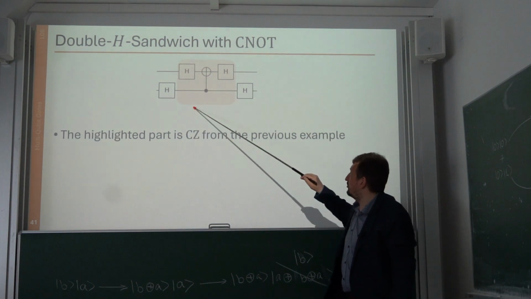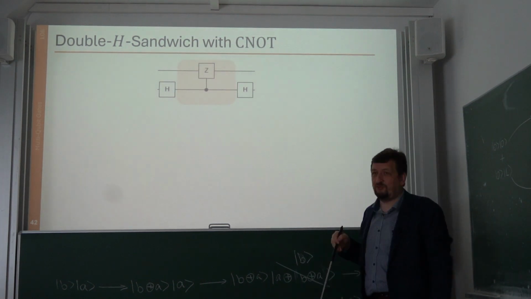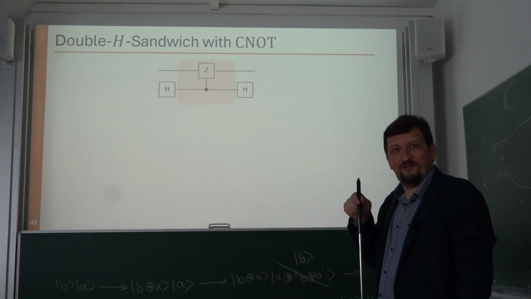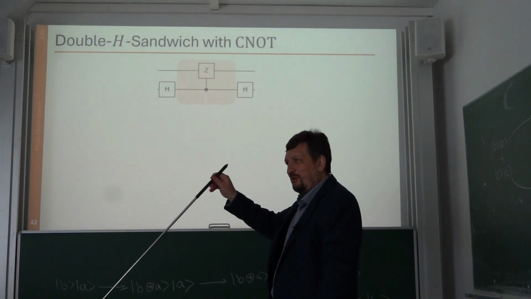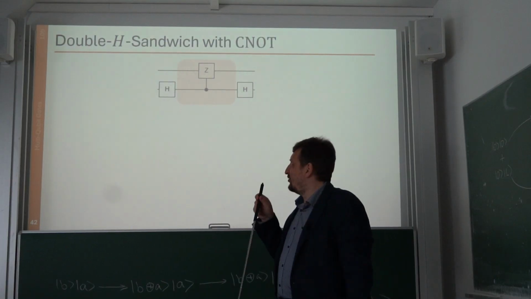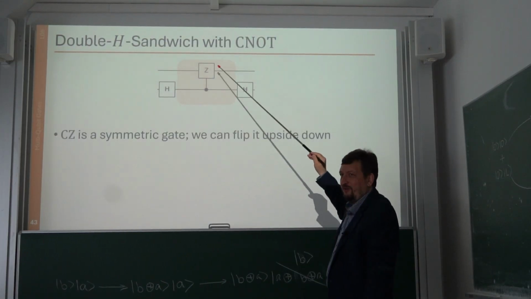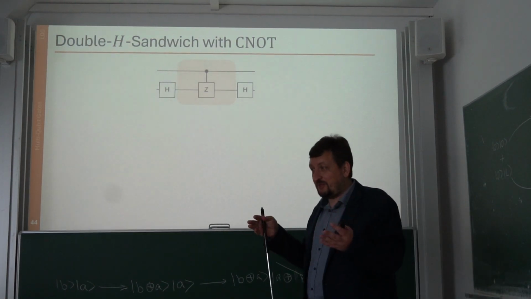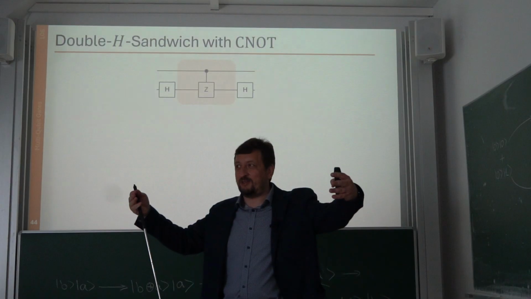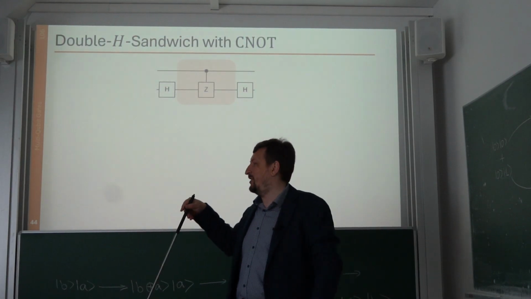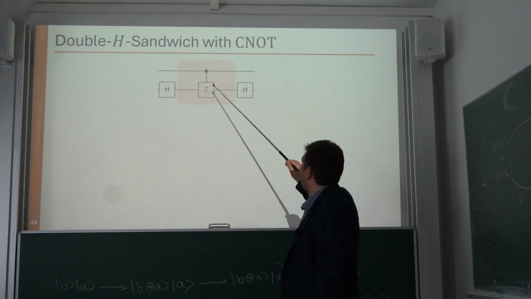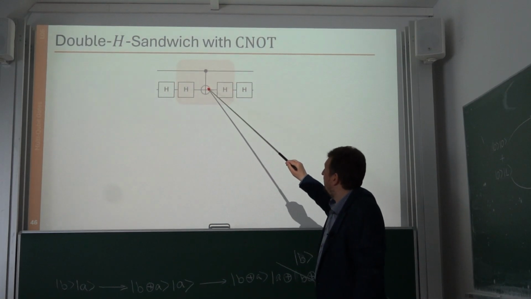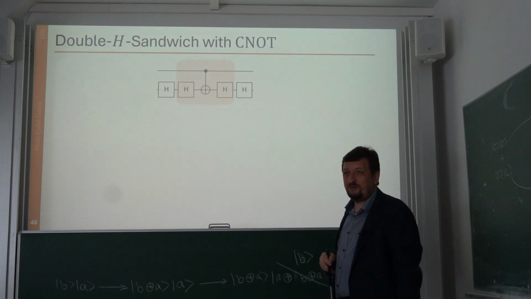We know that this is a control Z gate, so I can replace it with control Z. But control Z gate is symmetric, so it doesn't matter where I put the control and where I put Z. So I can flip it like this. Now that I flipped it, I will expand it as an H sandwich again. So instead of control Z, I write control naught and 2 Hadamard gates.